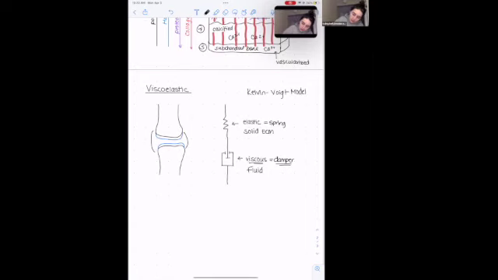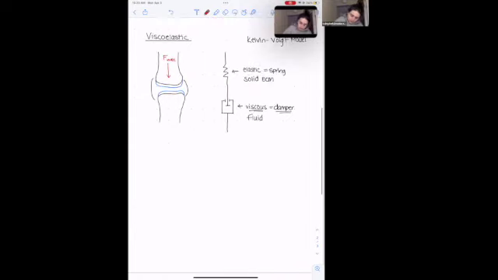and mathematically, we can think of it like this. So again, let's say we have a force here. Let's say we're walking, so force of walking. The total stress that's going to be felt in that cartilage is going to be the sum of that elastic component here and the viscous component here.